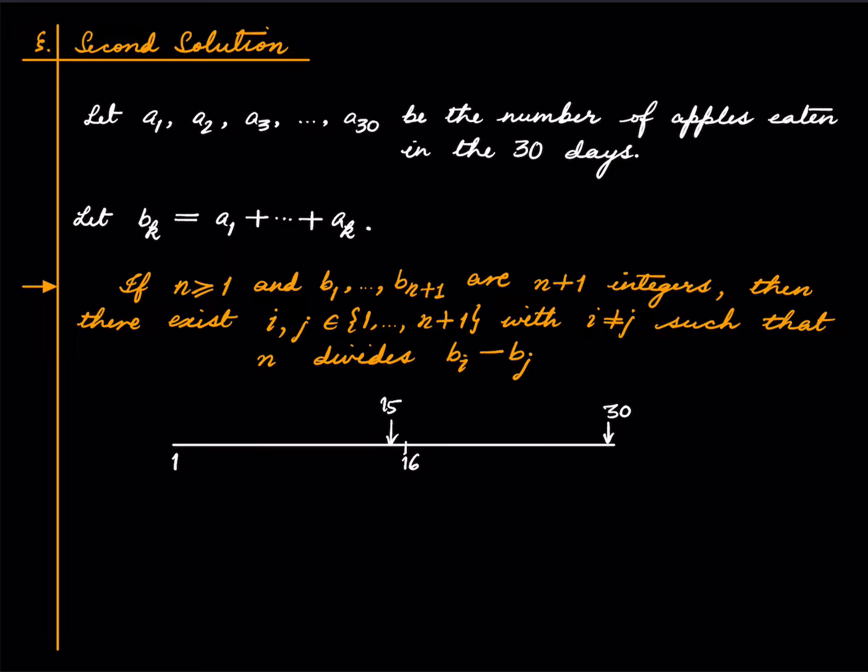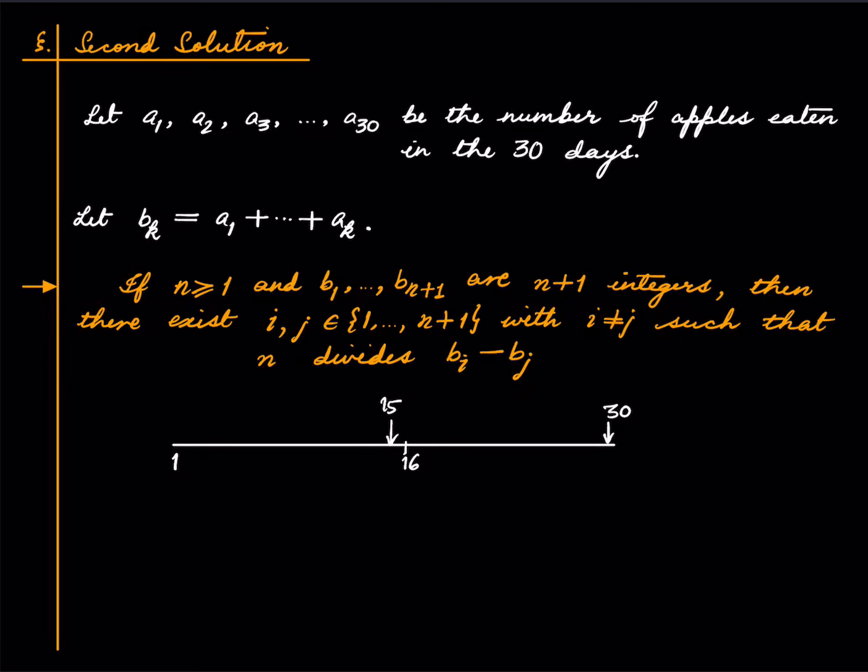And therefore, by this fact, there must exist two different indices such that the difference between bi and bj is divisible by 14. There are 15 numbers, b1 up to b15, so the difference of some two of them should be divisible by 14. That's what this is saying.